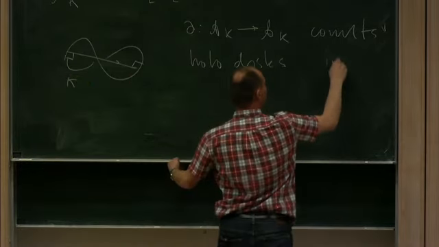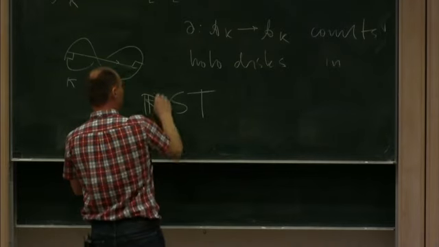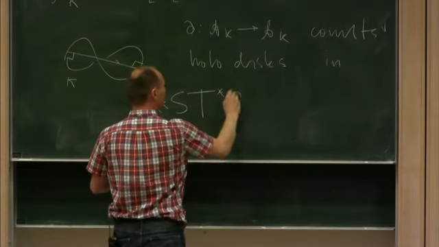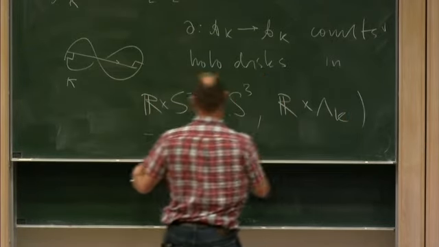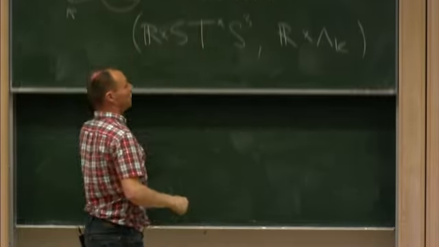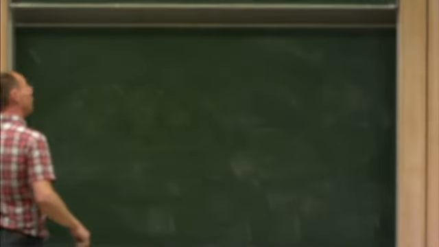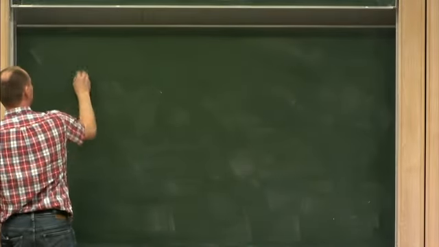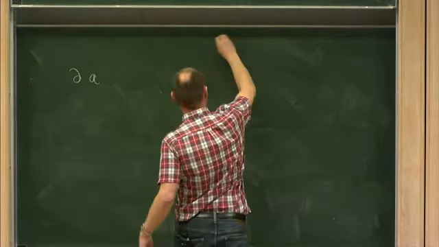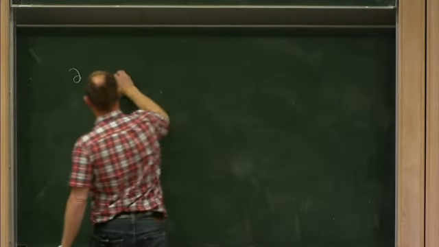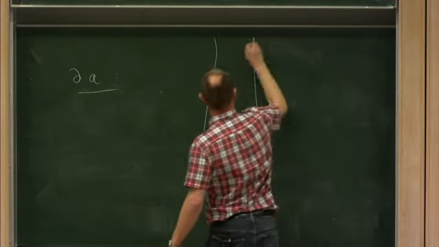I should say in this symplectization of this thing, with boundary on R times lambda_K. So let me draw a picture, and then it should be clear what's going on. So basically, if I want to take the differential of a Reeb chord A, then what I count is holomorphic curves, which schematically look like this.